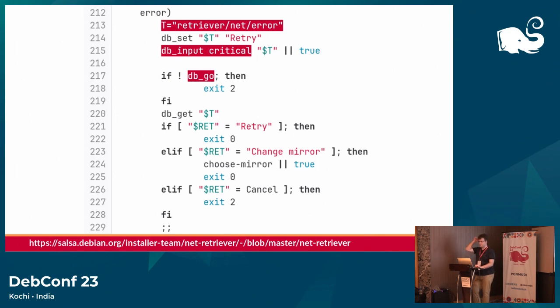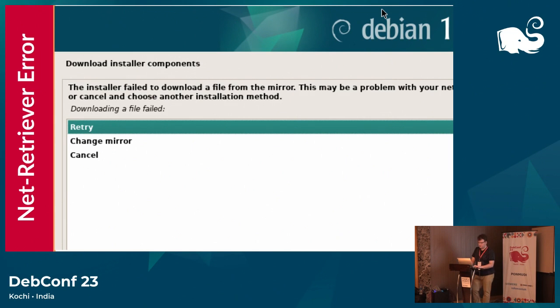It's used with some DB input calls, and then you do a DB go call. What this does is show that template in the Debian installer UI when it runs those commands.